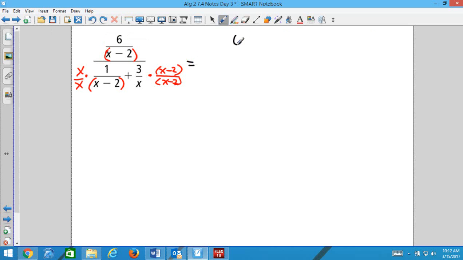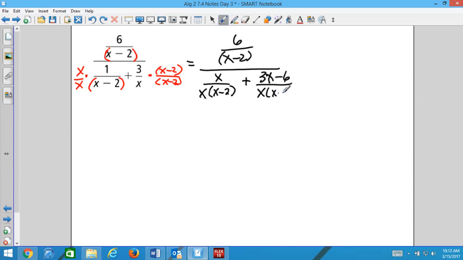So now I have 6 over x minus 2 over x over x parenthesis x minus 2 plus 3x minus 6 over x parenthesis x minus 2. So I kind of distributed that 3 as I was going, if that's okay.